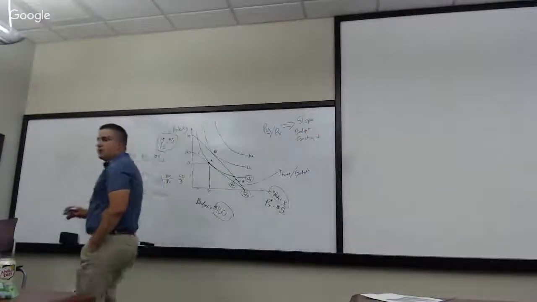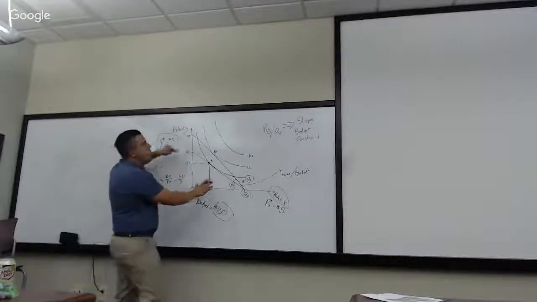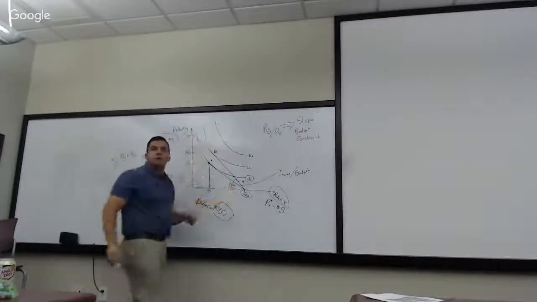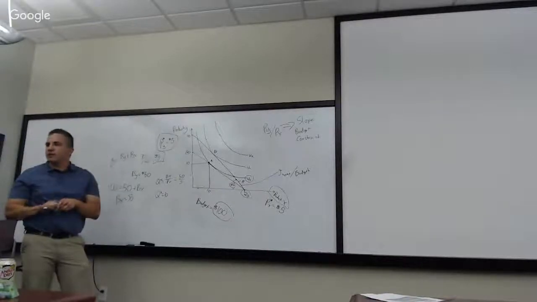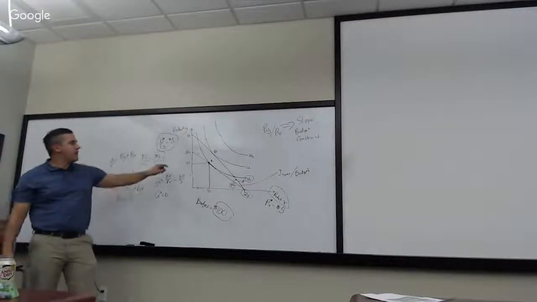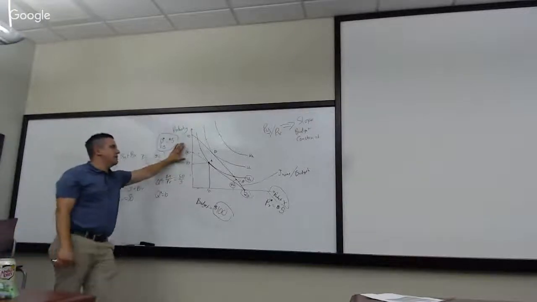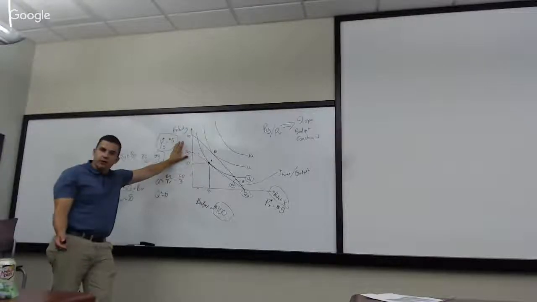Our income curve can shift fully outward and maintain the same slope, or we can change the slope of our income constraint. So what happened here? Did our income curve shift outward, or did we change the slope? We changed the slope.